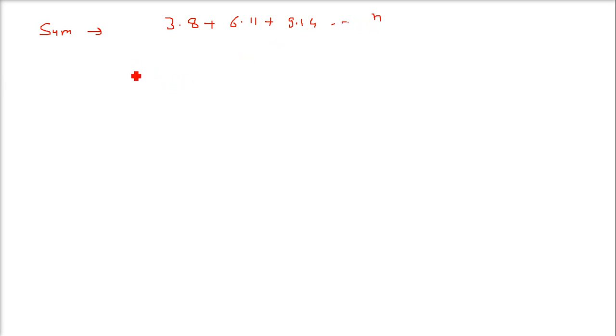So let us say Tn is the nth term. The last term will be the nth term of 3, 6, 9 multiplied by the nth term of 8, 11, 14, like this. Say the last term is P into Q, where this is P, the nth term of 3, 6, 9.